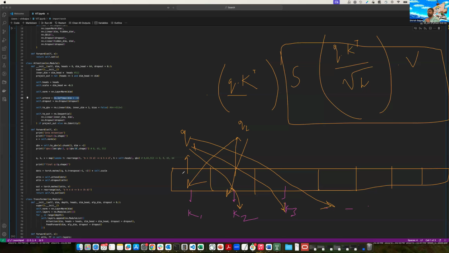This gives the representation of this patch with information across all the patches, a much richer representation.